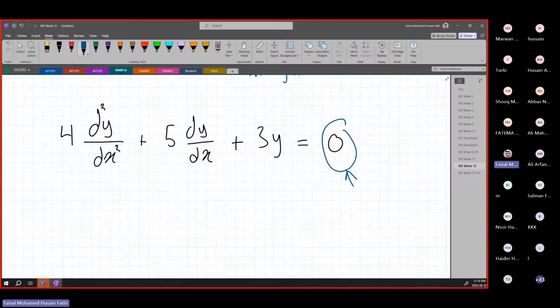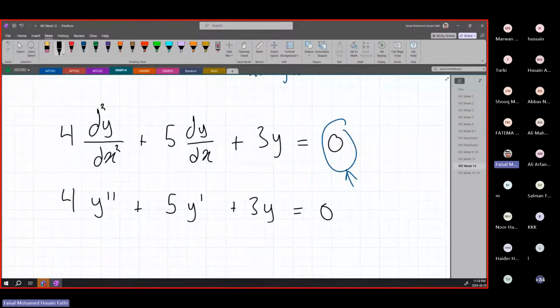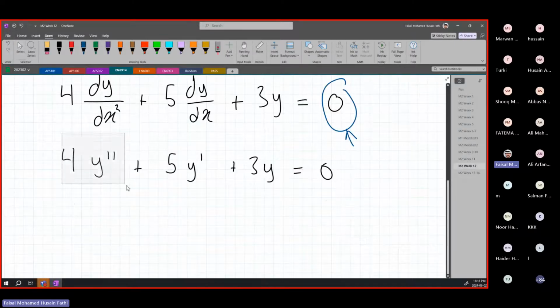So this is what a second order differential equation is. So in other words, if we want to rewrite this, this is 4y double prime plus 5y prime plus 3y equal to 0. All right. This is usually how the form of a second order differential equation will come. So basically you have the second derivative, the first derivative, and just the y function itself.